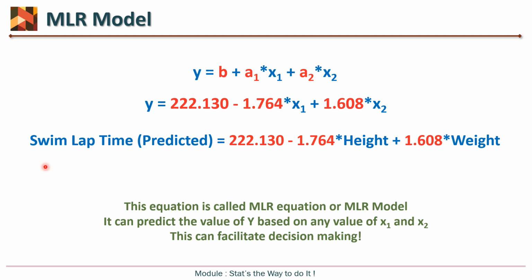My final equation will be: swim lap time will be predicted on the basis of 222.130 minus 1.764 into height of the swimmer plus 1.608 into weight of the swimmer. Now this equation is called the MLR equation or MLR model. This model can predict the value of swim lap time on the basis of any value of height and weight. So this can facilitate decision making.